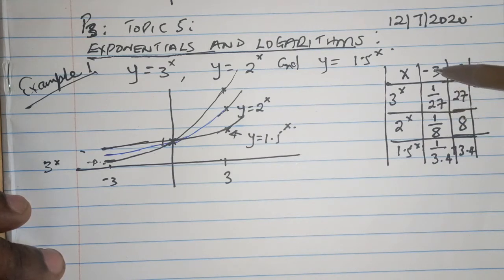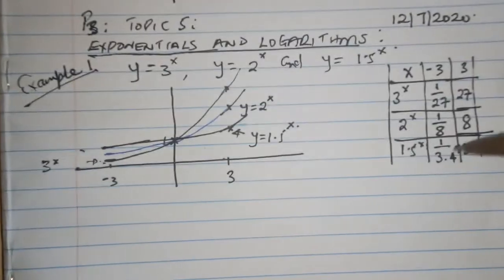When x is negative 3, 1 over 3.375: 3.375 is not as big as 27, and 1 divided by a relatively smaller number, the quotient is going to be relatively bigger.